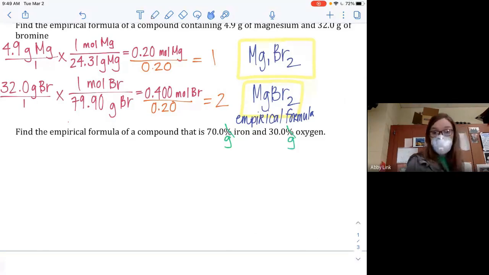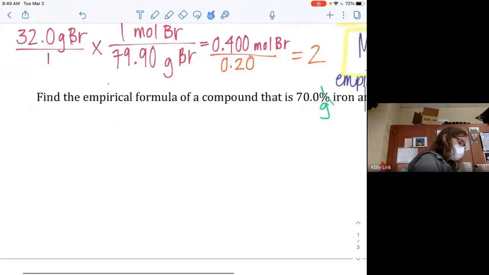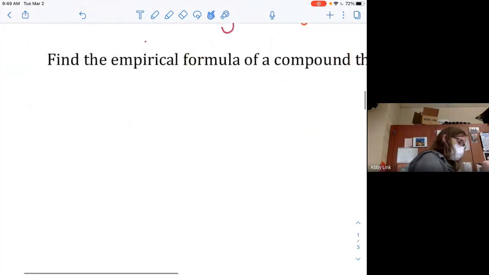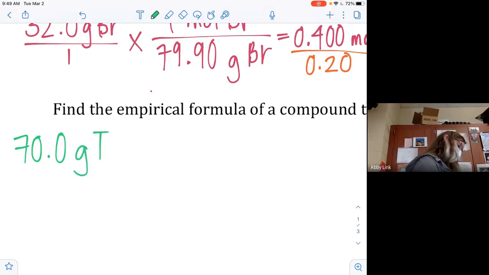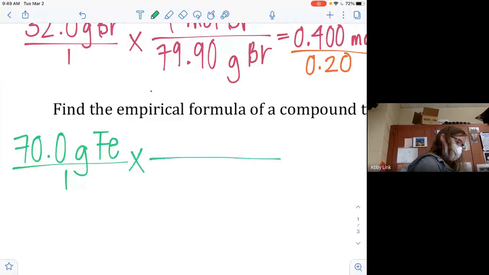Now that I have that, I feel like I can dive right into step 1, which is converting these grams to moles. So let's start with our 70.0 grams of iron. Iron's molar mass rounded to 2 decimal places is 55.85.